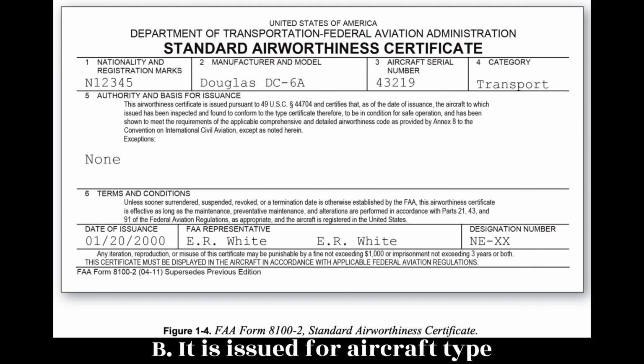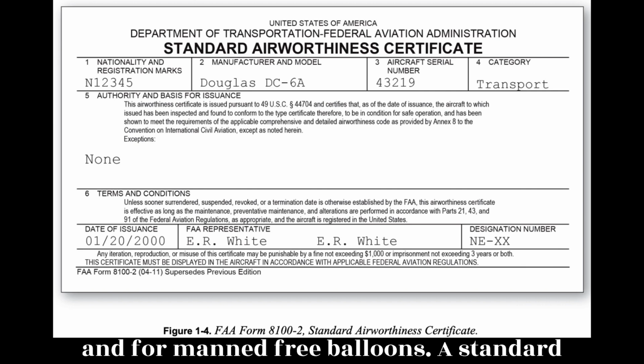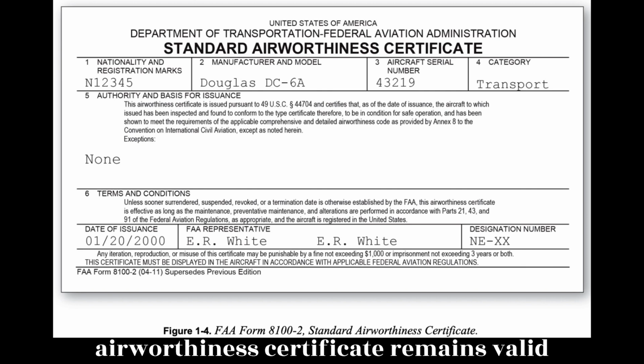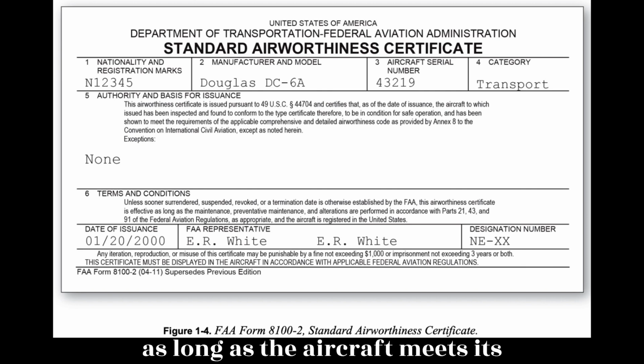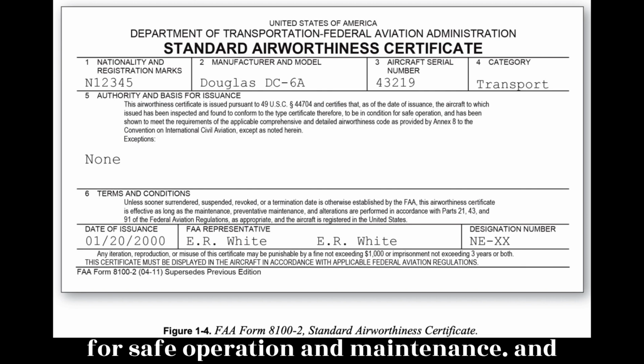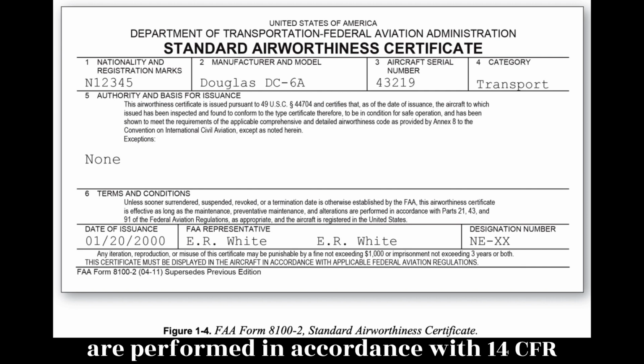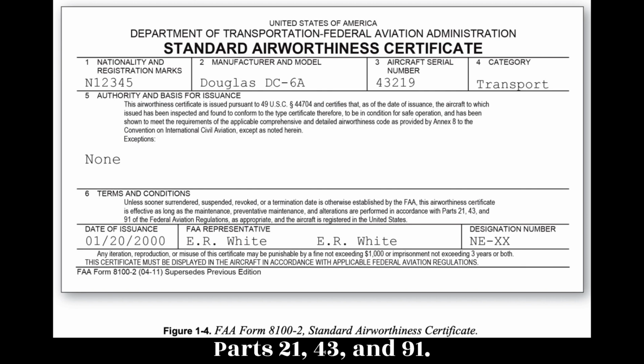It is issued for aircraft type certificated in the normal, utility, acrobatic, commuter or transport category, and for manned free balloons. A standard airworthiness certificate remains valid as long as the aircraft meets its approved type design, is in a condition for safe operation, and maintenance, preventive maintenance and alterations are performed in accordance with 14 CFR Parts 21, 43, and 91.